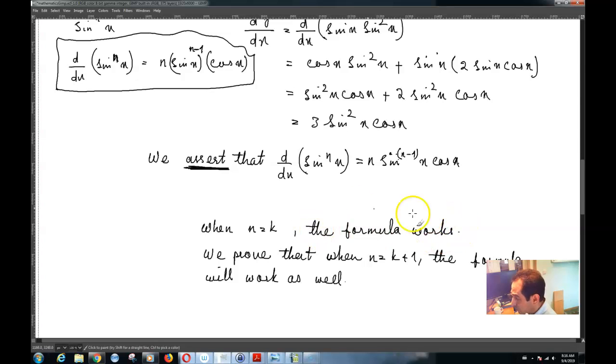So now I'm going to do the same thing over here. I want to now assume that when n is equal to k, the formula works.